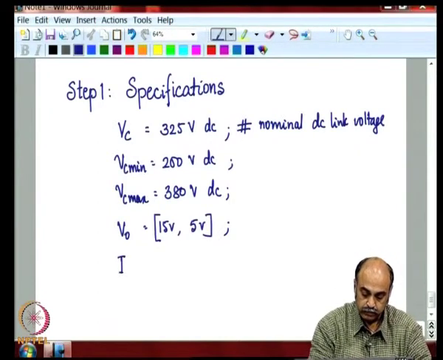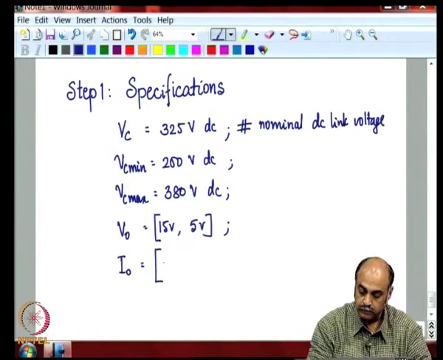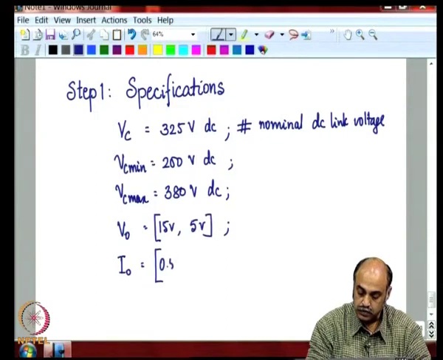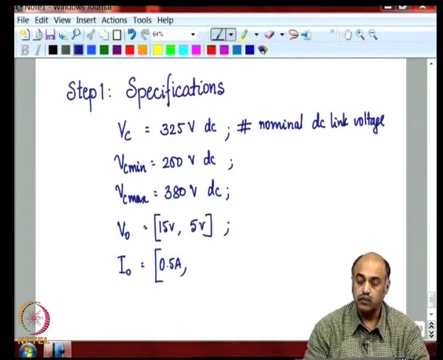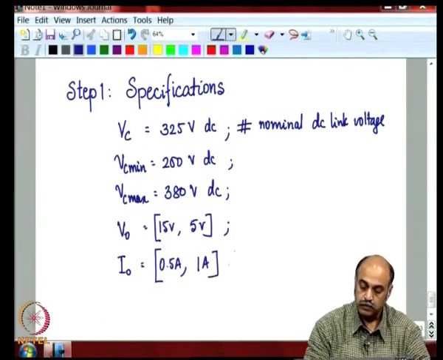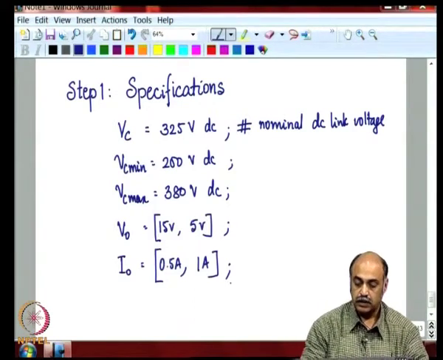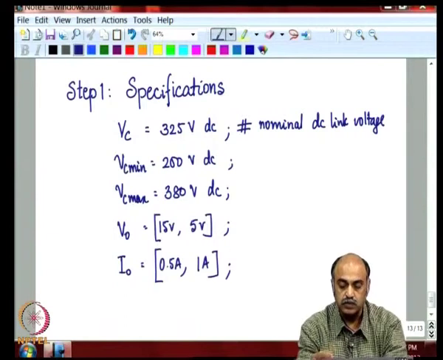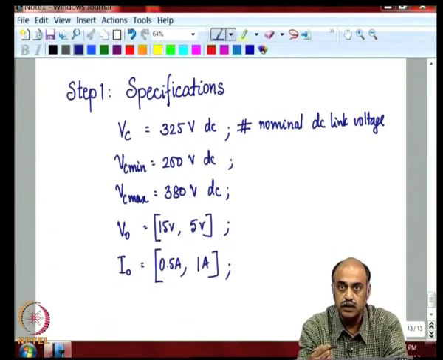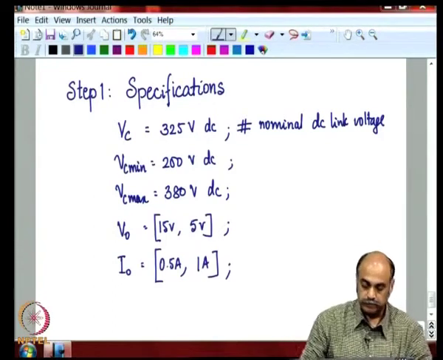Likewise, I naught, the output current. So, you may want let us say 0.5 amps at the 15 volts and 1 amp at the 5 volts output. I am just putting some delimiters here, but be careful, it is always better to put all these things into a program file like MATLAB or Octave and follow the program's syntax accordingly.